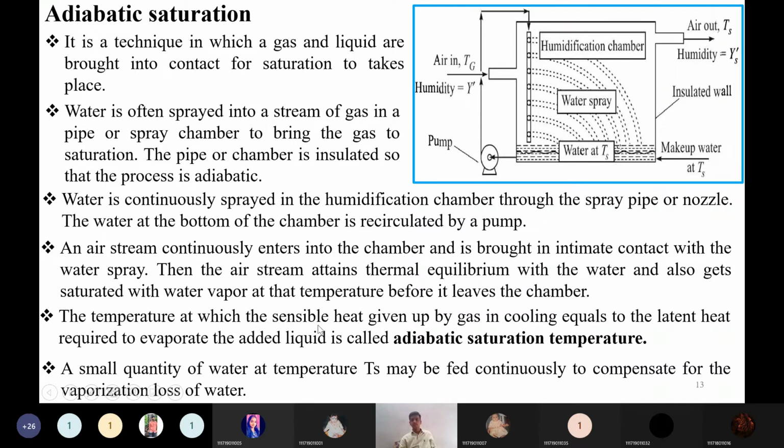The temperature at which the sensible heat given up by the gas in cooling equals the latent heat required to evaporate the liquid added is called the adiabatic saturation temperature. Then a small quantity of water at temperature Ts may be fed continuously to compensate for the vaporization loss of the water. This is nothing but makeup water, which will be added at only Ts temperature.